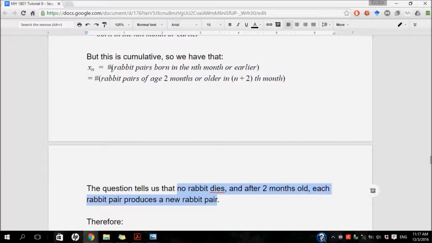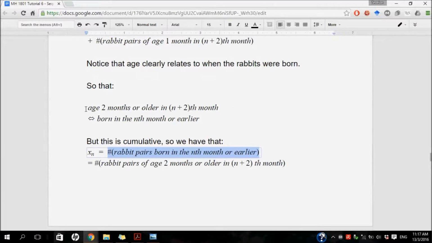Therefore, this number, the number of rabbit pairs born in the nth month, is also going to be cumulative, and based on our one-to-one correspondence between those that are of age 2 months or older and those born in the nth month, the number of rabbits of age 2 months or older in the n plus 2th month is exactly the same as the number of rabbit pairs born in the nth month or earlier, and this number itself is precisely the same as xn.